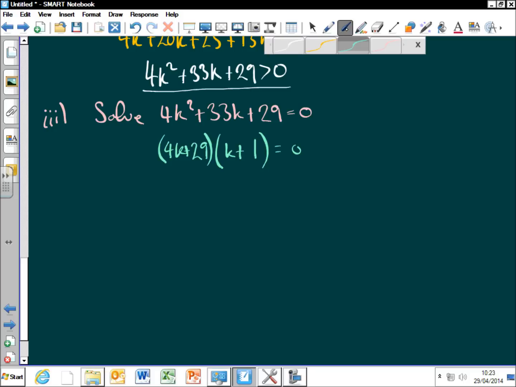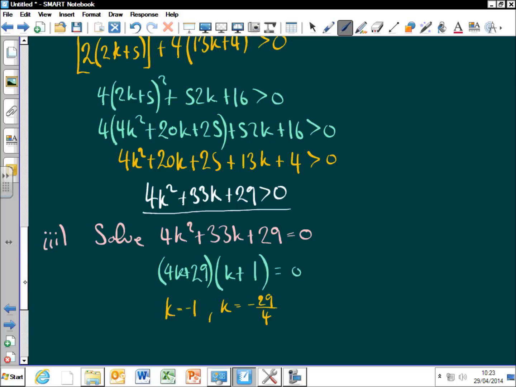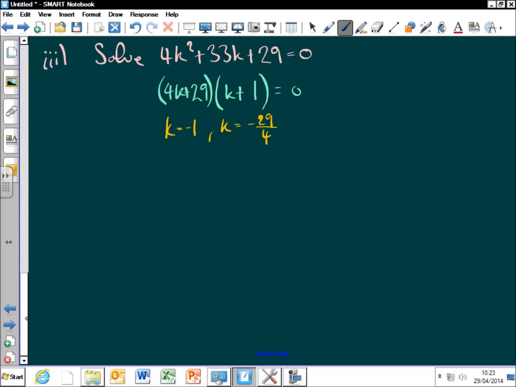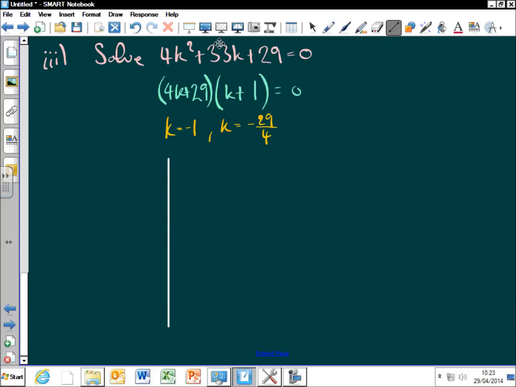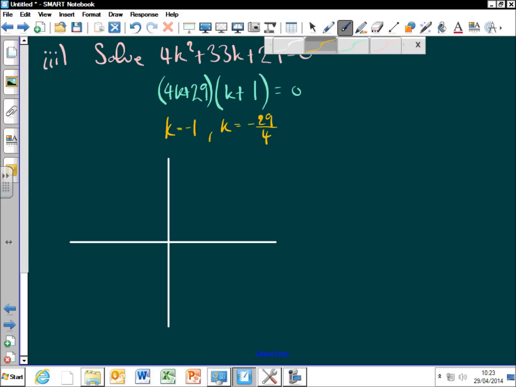So the places when it equals 0 is when k equals -1, and when k is equal to minus 29 over 4, which doesn't seem very nice. 29 over 4, that's like 7 and a bit. Okay, 7 1/4, minus 7 1/4. Okay, what I would do now is draw a little sketch of this curve here.